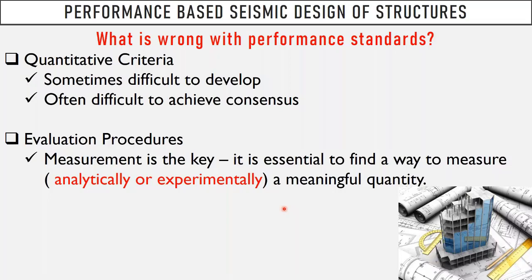For instance, in the classical seismic design approach, we say that the performance of the building will be life safety under severe earthquake. This is a definition in almost every code, but there is no quantitative criteria. What is severe earthquake? What is life safety? This is something that we know intuitively, but we cannot define it by a number or a parameter. We just use some round words.